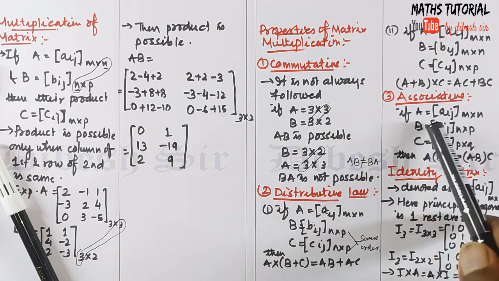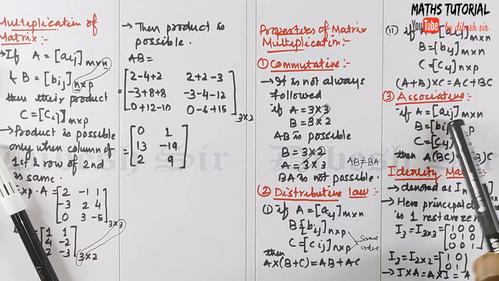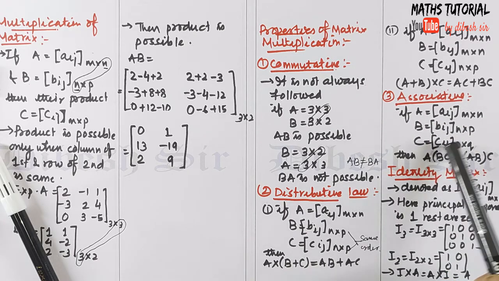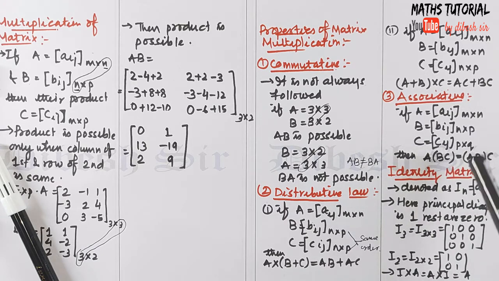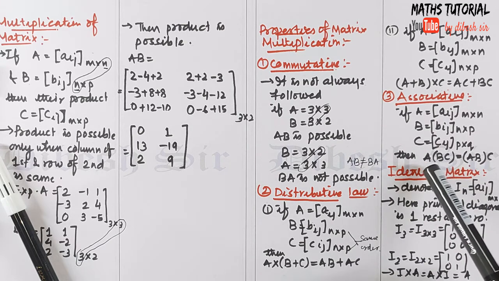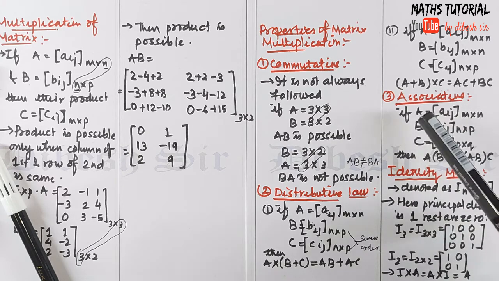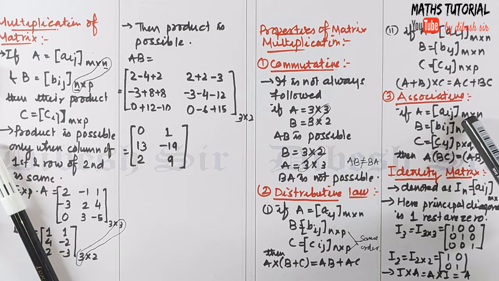Next, associative. If A is equal to Aij m cross n, B is equal to Bij n cross p, C is equal to Cij p cross q, then A multiplied with BC is equal to AB multiplied with C. See here, for the complete multiplication, see the order of first, second and third.